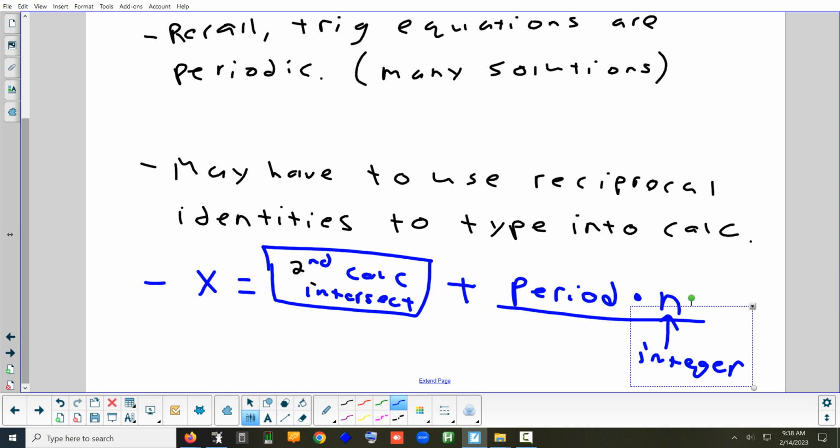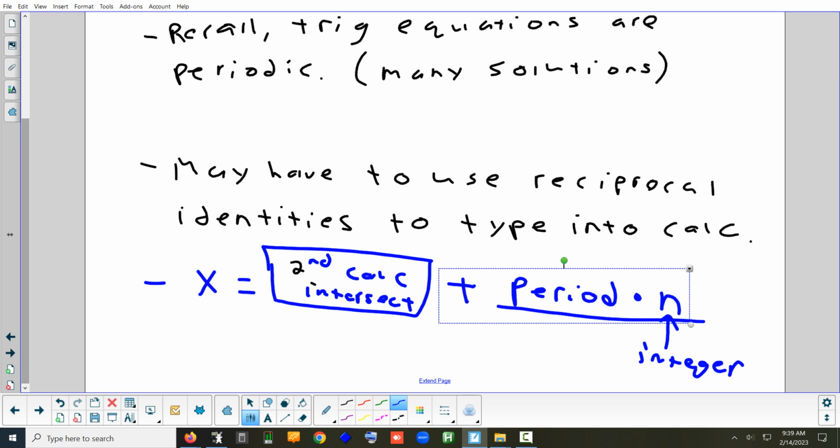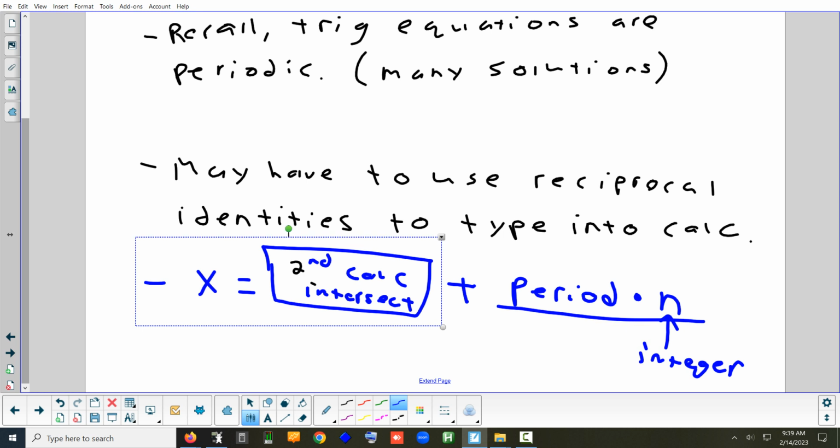Well, remember, integers can be negative. So if you plug in -2, -2 times the period means -2 copies of the period added to this. If you add -2 copies to it, that brings you to the left instead of to the right.